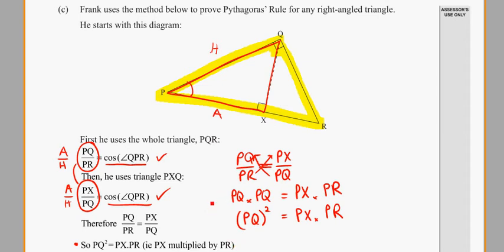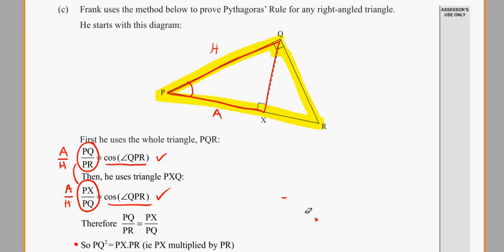And for part 1 it says, in a similar way, show that QR squared equals that. So without losing the triangle and moving away, we'll have a go at answering.